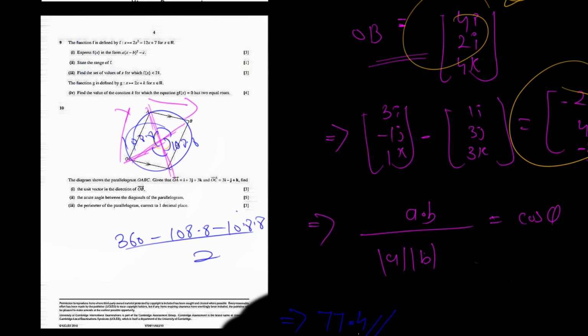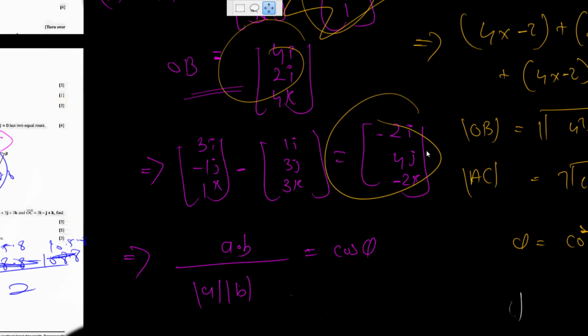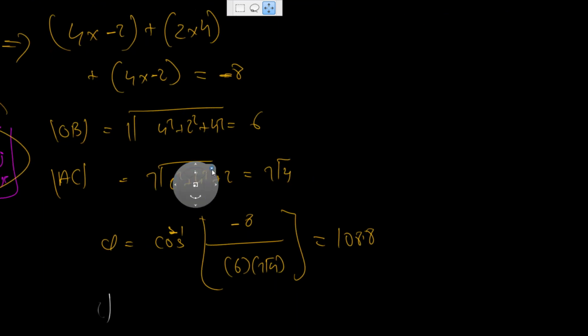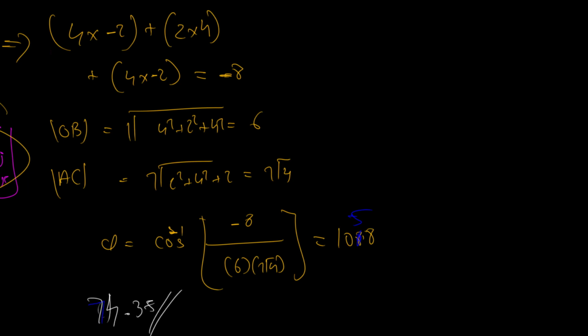Let me double check that. 360 minus 105.8, my bad, 105.8. If I do that, 105.8 minus 10, I'll get the answer to be 74.35, and that's it. That's your answer right there.